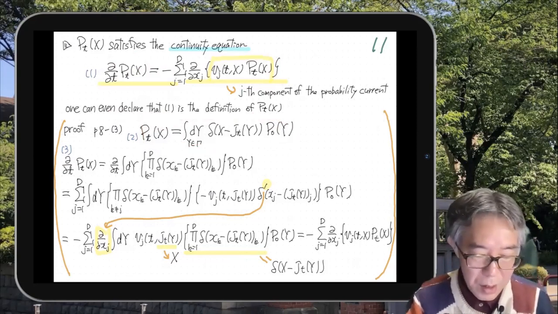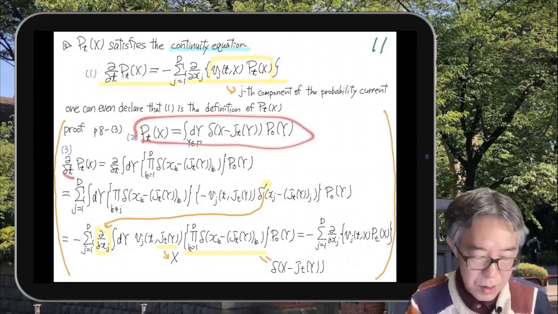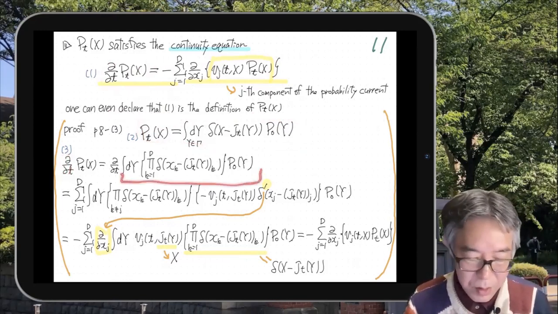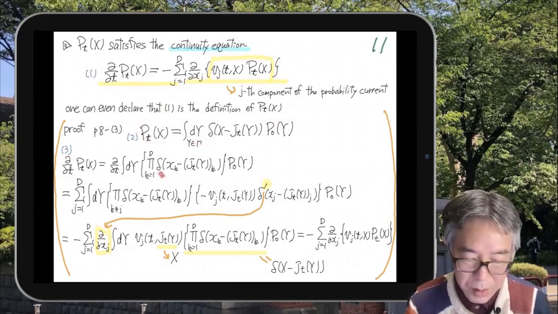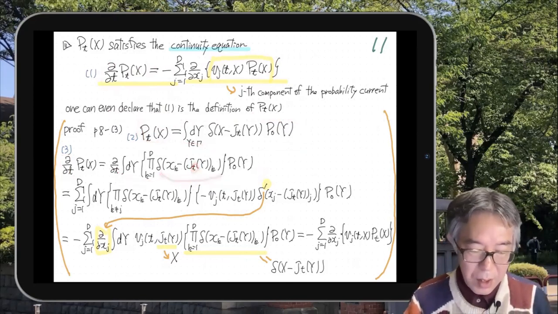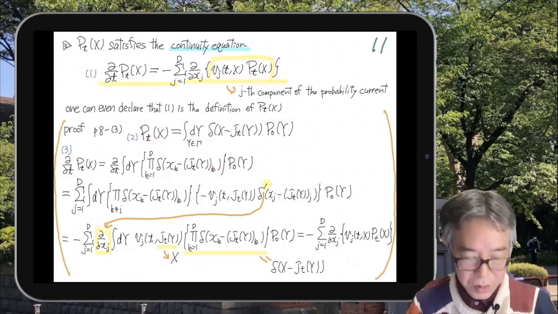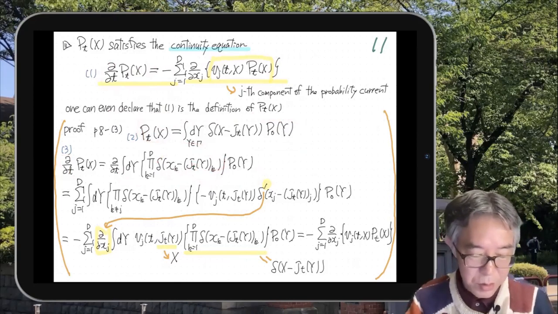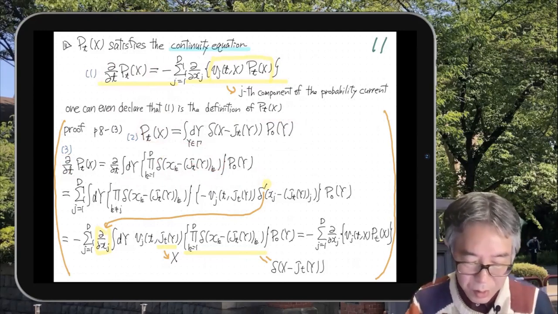Okay, so now I want to prove this. So I just use this definition and differentiate by time. I didn't do anything here. And now here you see t is here, and there are d objects, and this is a product of d things which contain t. So you use the usual rule and differentiate these things one by one. So you differentiate this with j.